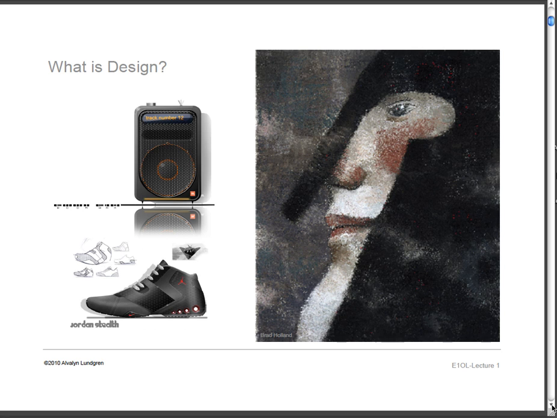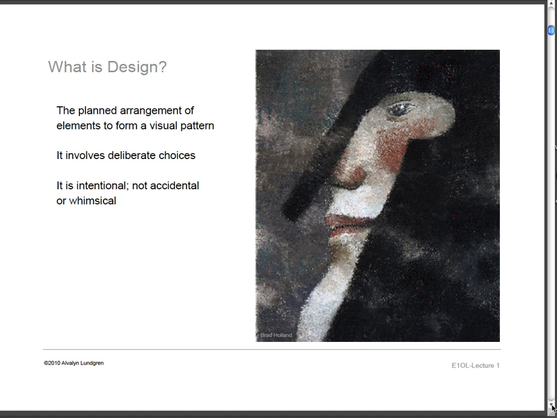Getting down to the basics of what design is, we can call it the planned arrangement of elements to form a visual pattern. Basically, design always has a visual result. There's a functionality to it, definitely, but there's always a visual result. It involves deliberate choices.